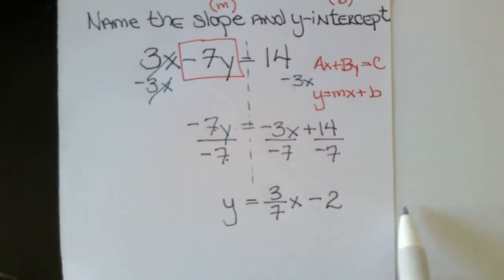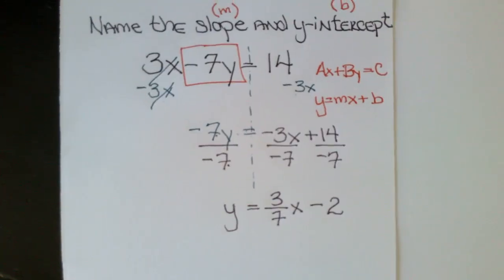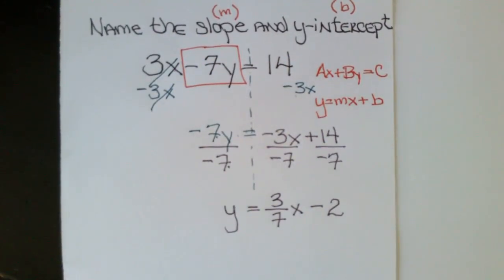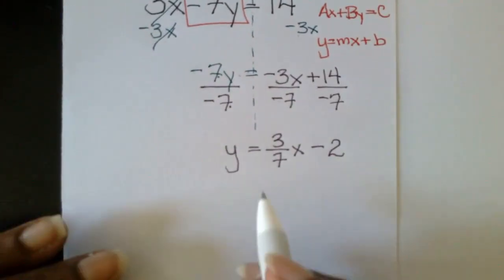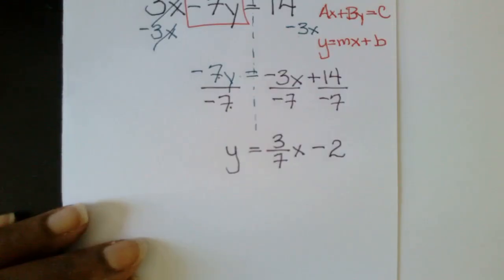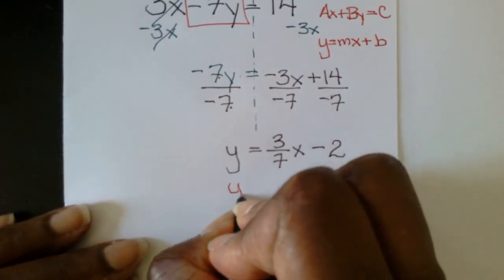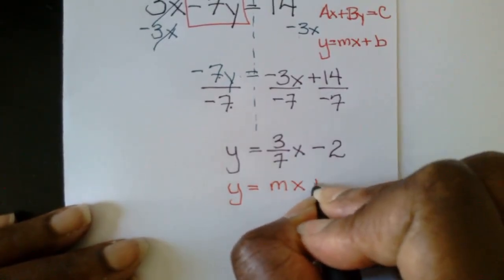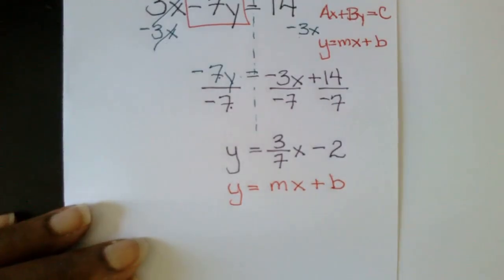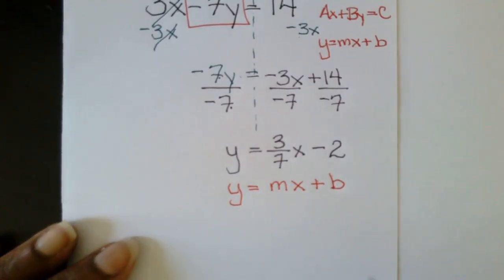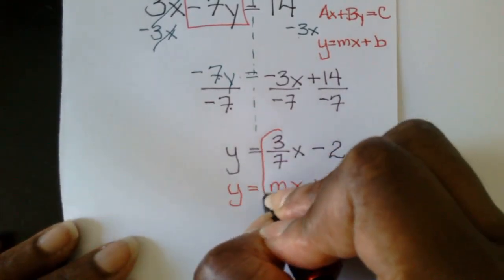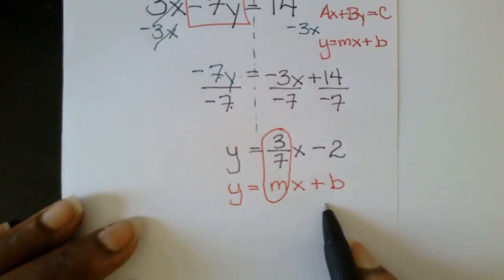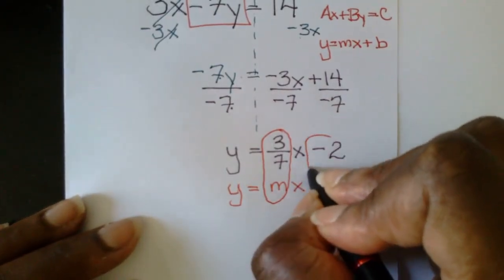So now we have it in slope-intercept form. It asks us to name the slope and the y-intercept. Well, if we're using y equals mx plus b, the m is your slope, and your b is the y-intercept.